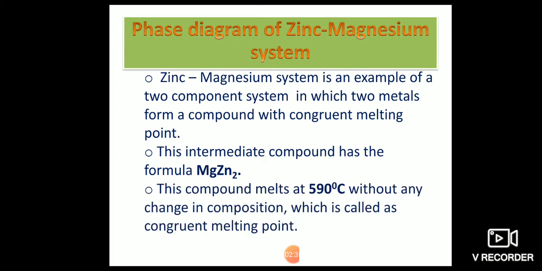This compound melts at 590 degrees Celsius without any change in composition, which is called as congruent melting point. So this phase diagram of zinc magnesium system is taken as an example for the system forming a compound with congruent melting point.